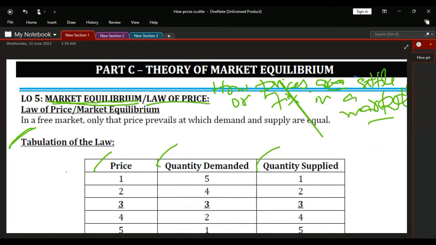Let's start this class. What is law of price or market equilibrium? In a free market economy, only such price will prevail.